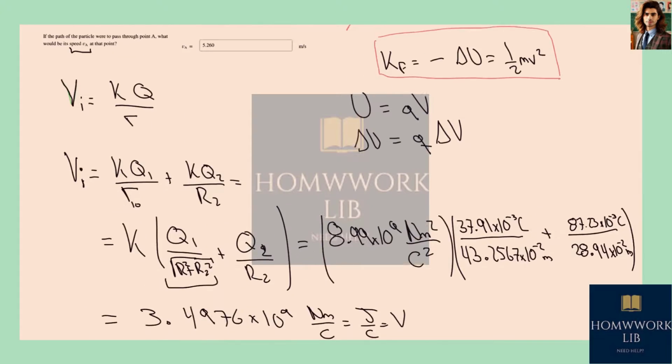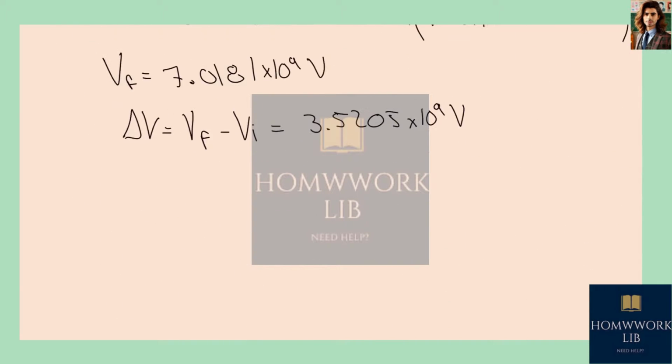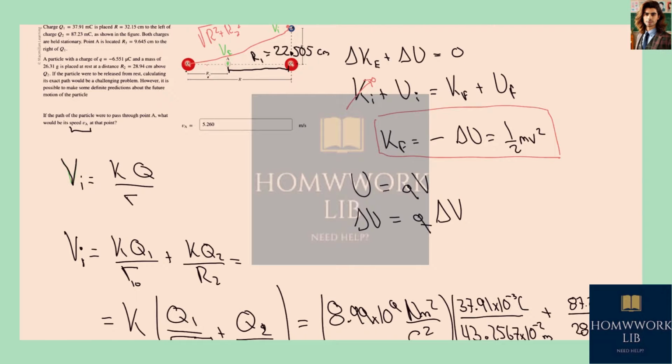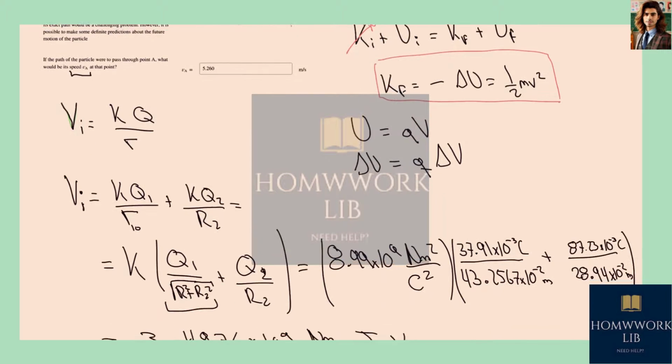So we know that the change of potential is equal to Q times delta V, and that the final kinetic energy is going to be equal to minus Q times delta V, according to this equation over here, right?